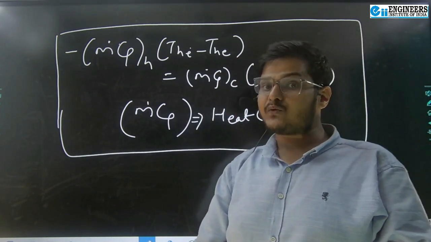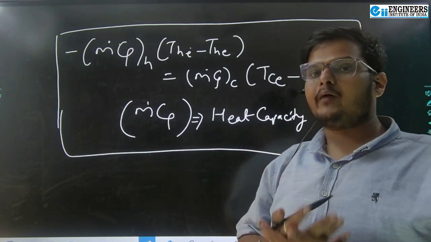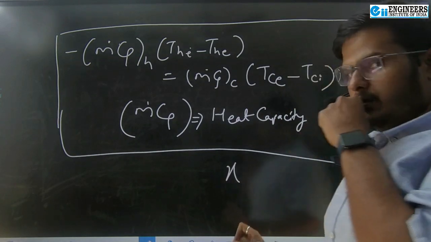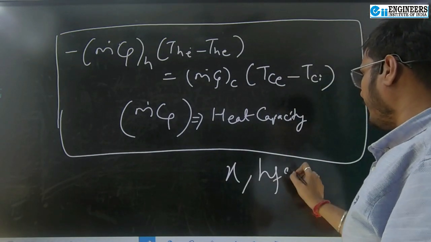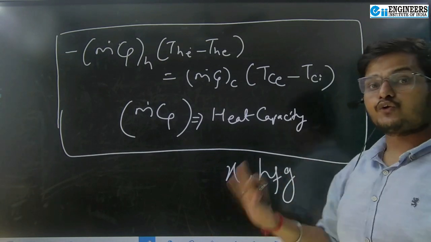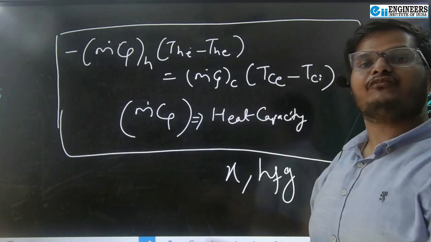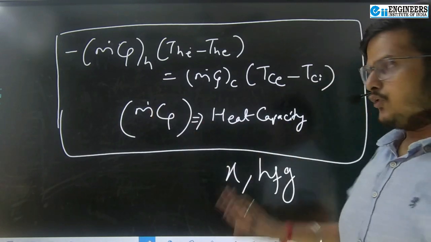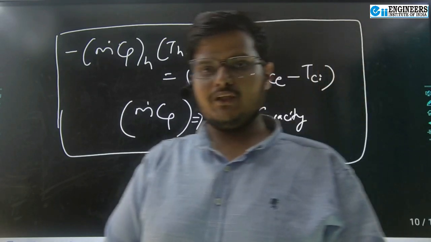In that case, one factor will come into the picture: dryness fraction. Another aspect is latent heat of vaporization. Those things will come into the picture, and that needs a very in-depth analysis, which we will study in subsequent classes. So here we analyzed the fundamentals of the heat exchanger.